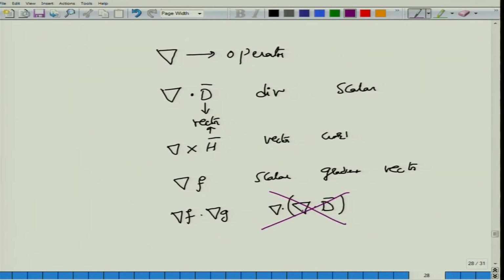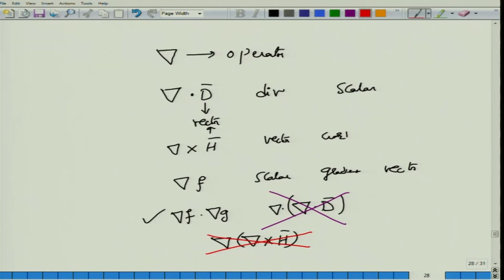Because the result of del dot d will be a scalar and I can't take a dot product of a scalar with a vector. So, this is not a legal operation, whereas this is a legal operation. Similarly, this is also not a legal operation because curl of h will give you a vector and you do not take the gradient of a vector. So, these are the things that you should be a little bit careful about when you operate on this.